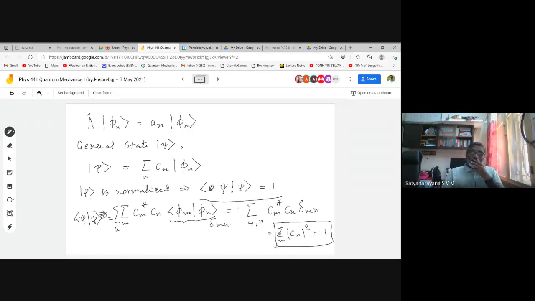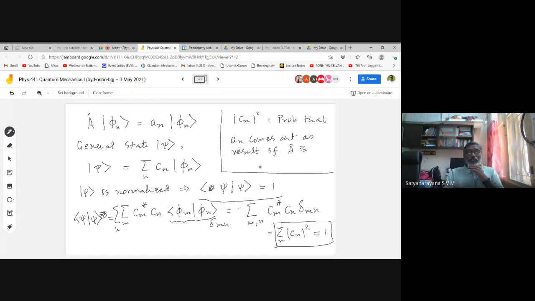Now if this condition is satisfied, then we can say that mod Cn square is the probability that An comes out as the result if capital A is measured, if the state is psi.